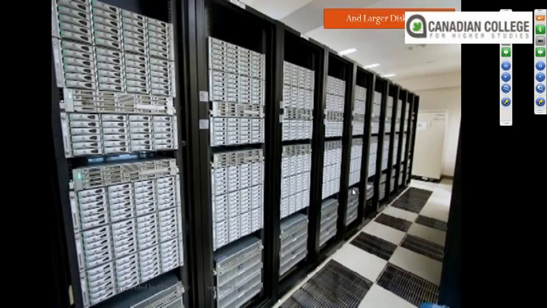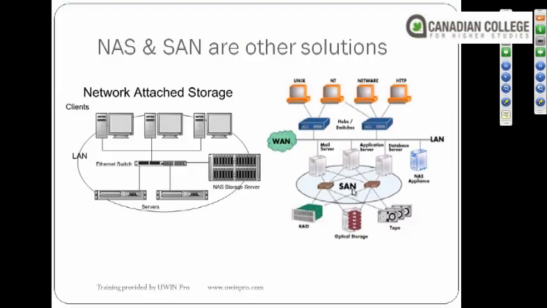So these are large disk arrays, and this disk array can take a lot of data. So they can have their data in a single hard drive, or in a disk array, or in a large disk array as I showed you.